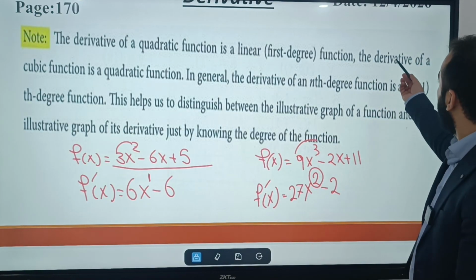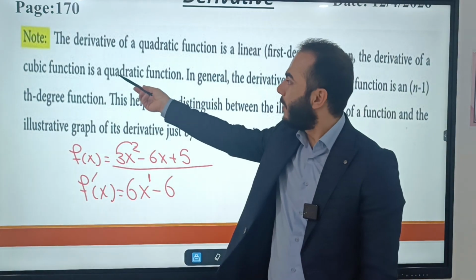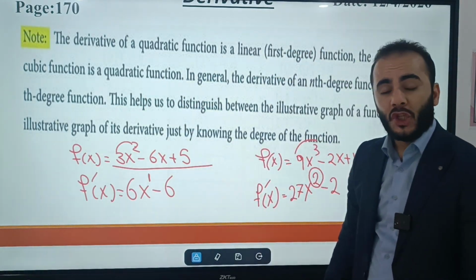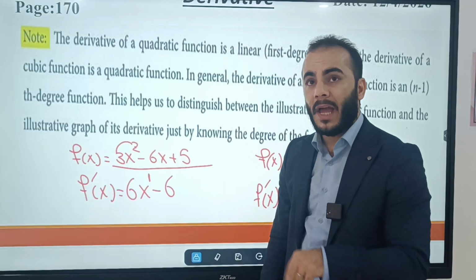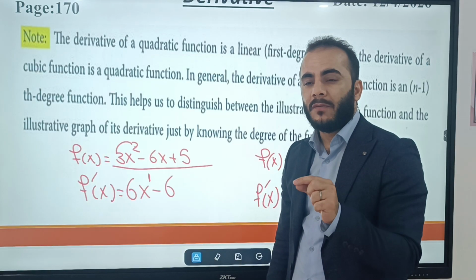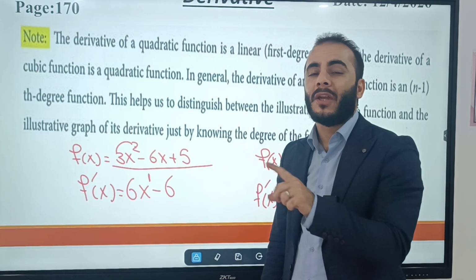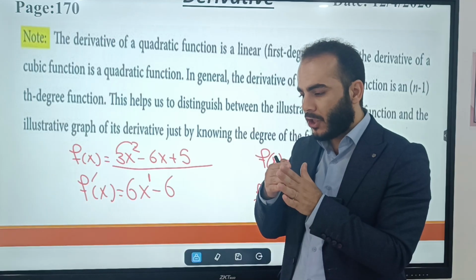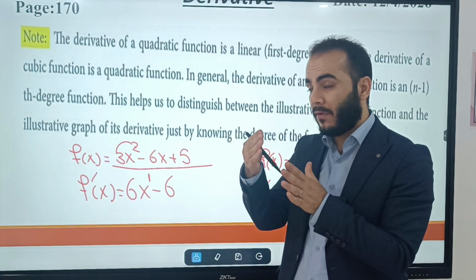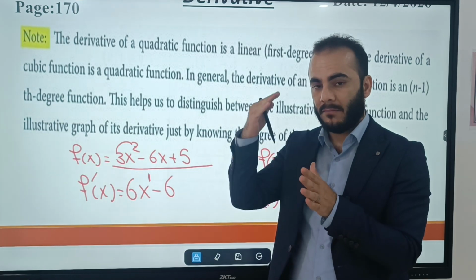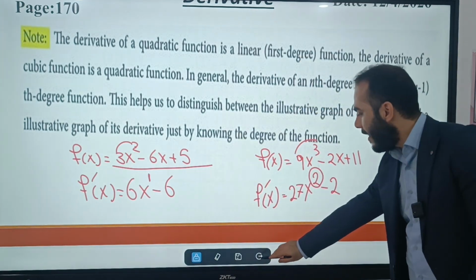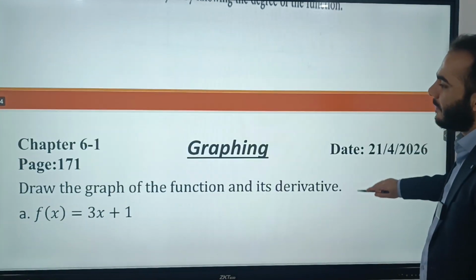As here it says, the derivative of a cubic function is a quadratic function. So in general, if you have a polynomial of degree n, its derivative has degree n minus 1. If the degree of the function is 9, the degree of the derivative would be 8, 1 less. Perfect. Now let's come to graphing.